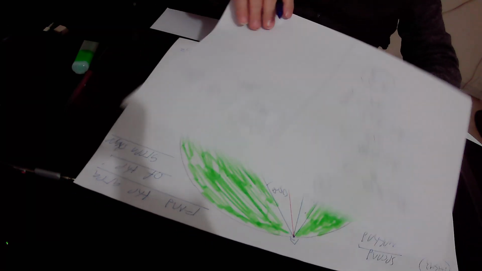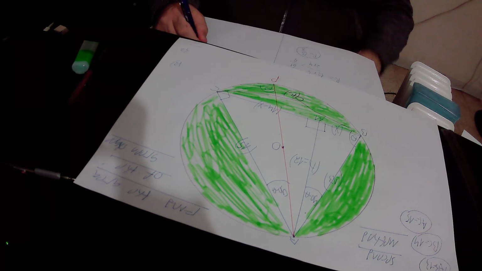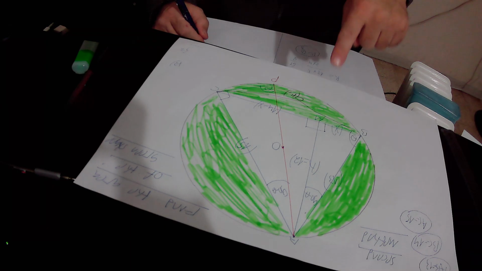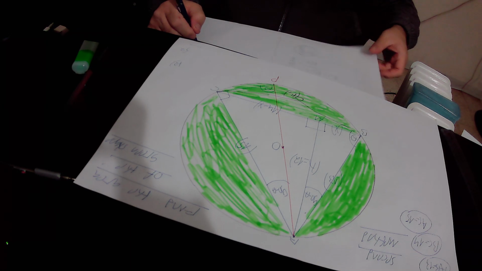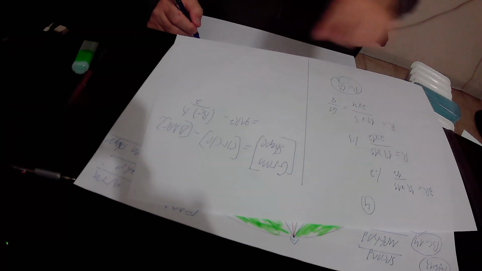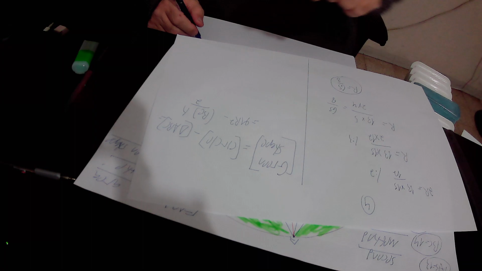The area of this triangle ABC equals the base of the triangle, that is BC, times the height to the base, that is h, over 2.